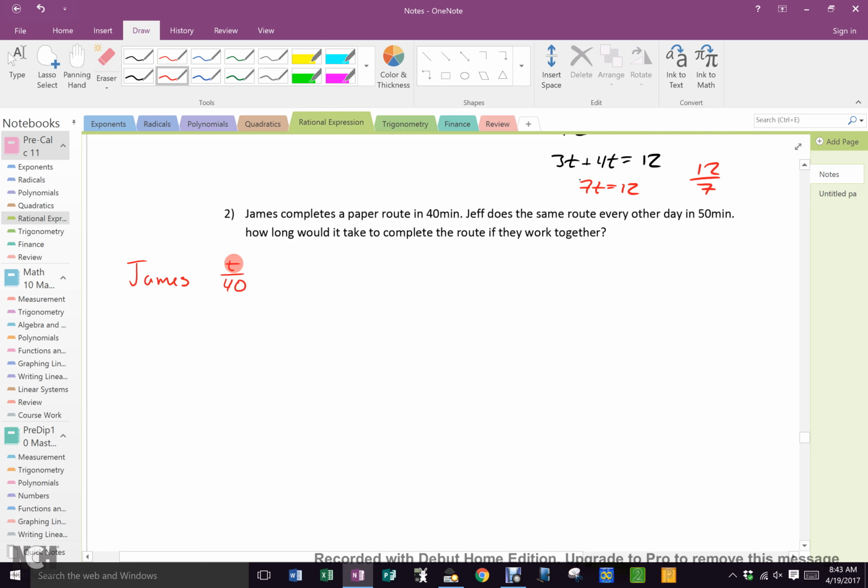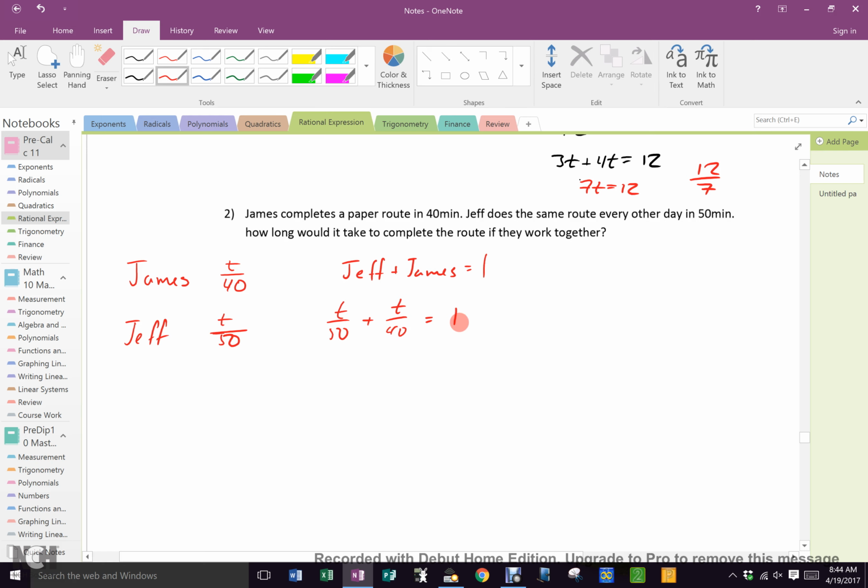Because in 1 unit of time, he will do 1/40th of the route, right? What's Jeff? T over 50. If they work together, how many paper routes are getting done? 1. So Jeff is t over 50 plus James is t over 40 to get 1 route done, right?